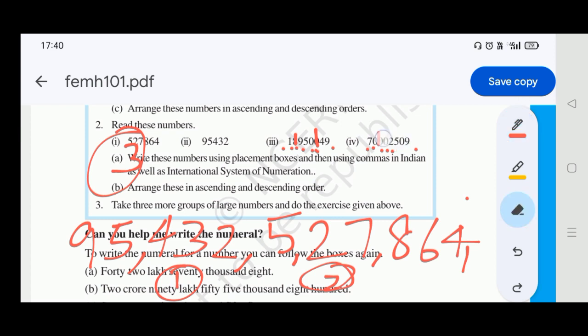So we know that 18 is less than 70, so we can directly write the third number, 1 crore 89 lakh 50,049.